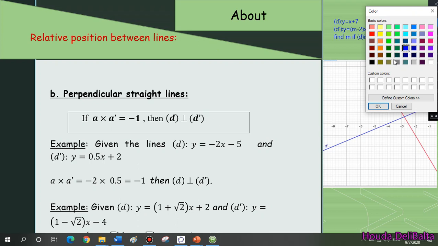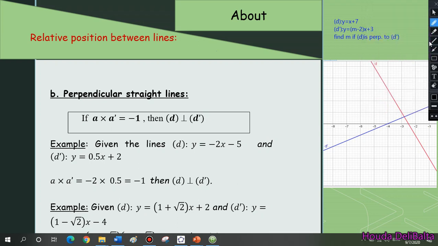So let's continue. Let's use the black color for the solution. We write first of all the rule a times a prime equals -1 since they are given perpendicular. That means that the slope of line D, which is represented by a, that is the coefficient of x, which is here 1, times the slope of the other line D prime, which is m minus 2, is equal to -1.